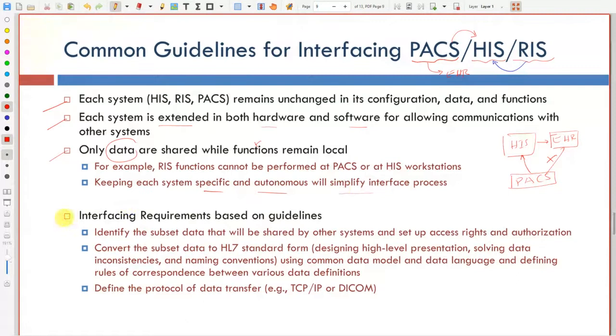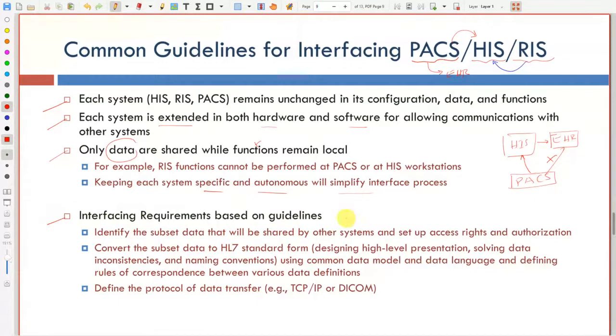The last thing, and this is probably going to be the part that we're going to talk about after we finish HIS, is about the standards. First of all, you have to configure all the messages or all the data exchange between the different systems based on standards. We talked before in EHR about interoperability.